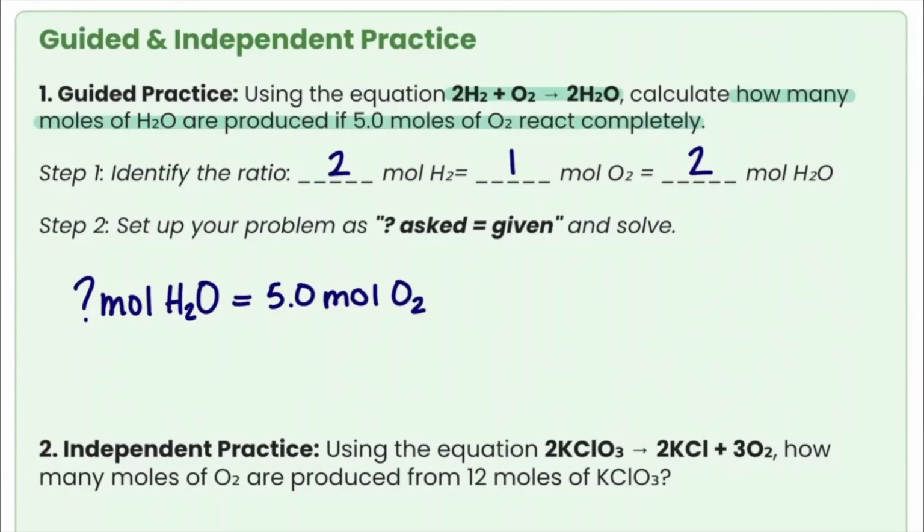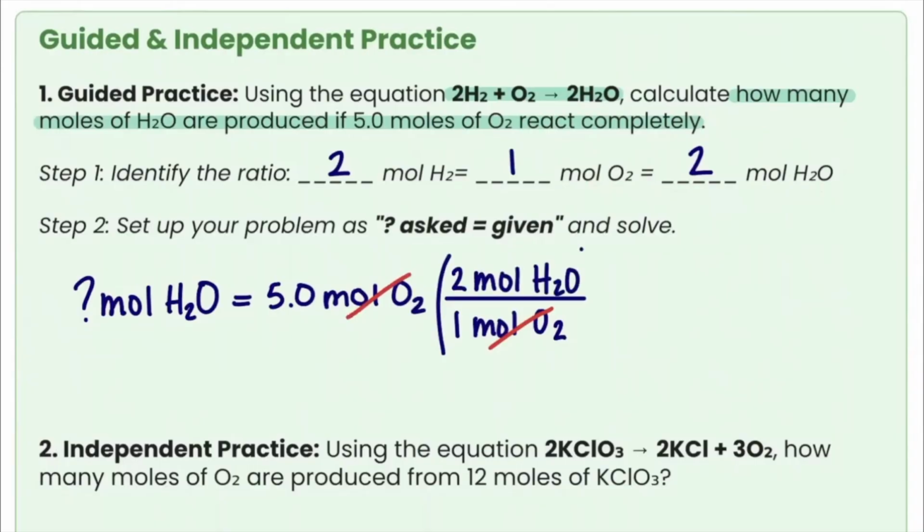So from the balanced equation, we know that for every 1 mole of O2, we're going to produce 2 moles of H2O. So when we open up a parentheses and draw a fraction, we can place the 1 mole of O2 at the bottom of our fraction in the denominator. Why? To cancel out our moles of O2. And then at the top, we can place the 2 moles of H2O.